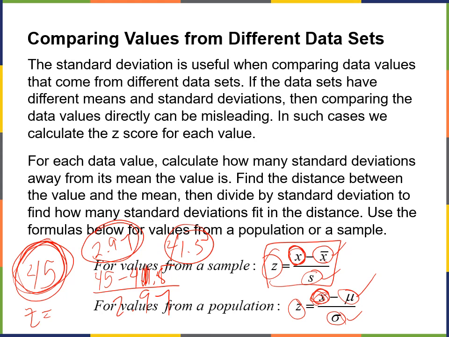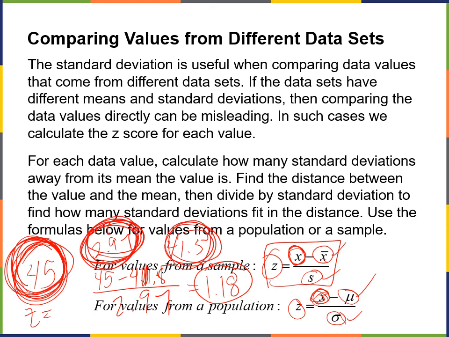Divided by 2.97, I get a z-score of, let's say, 1.18. So that tells me that 45 is 1.18 standard deviations away from the mean, which is 41.5.